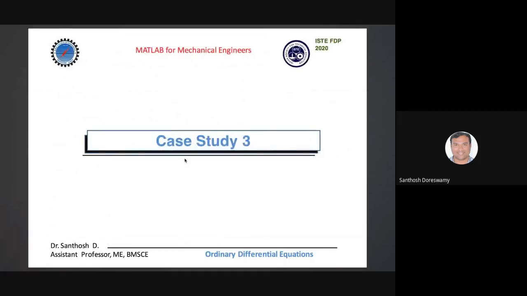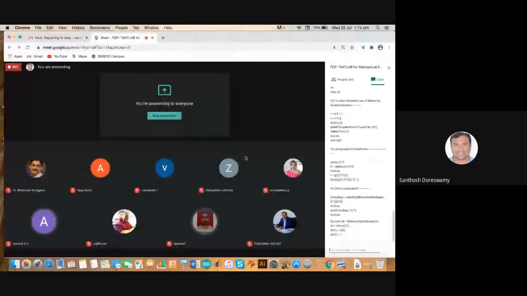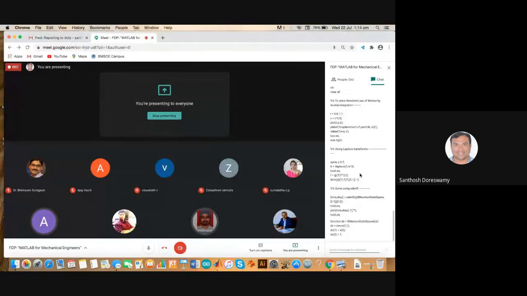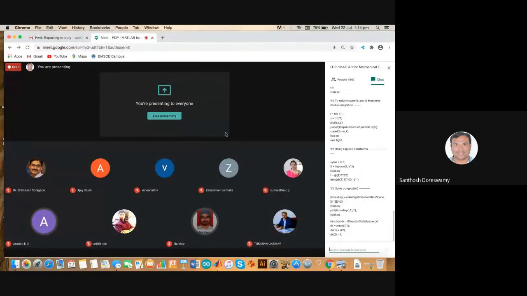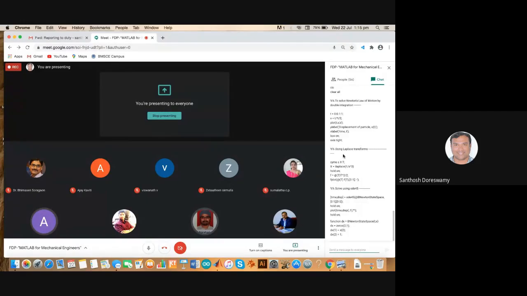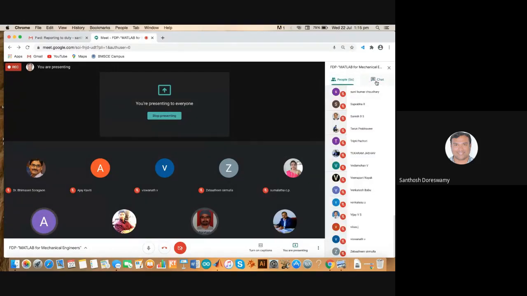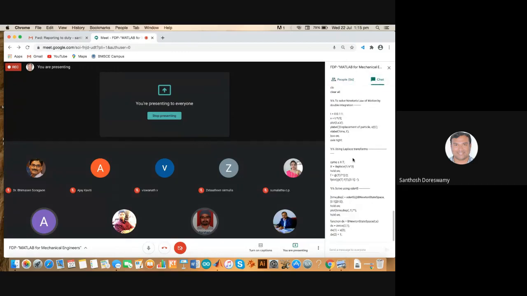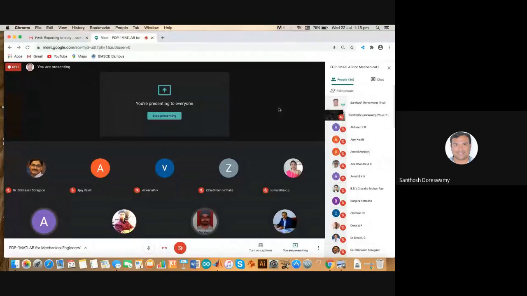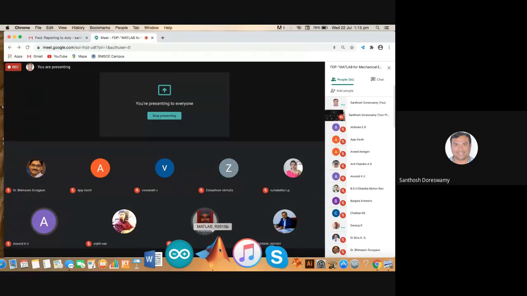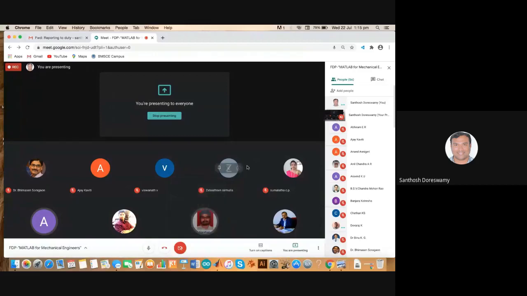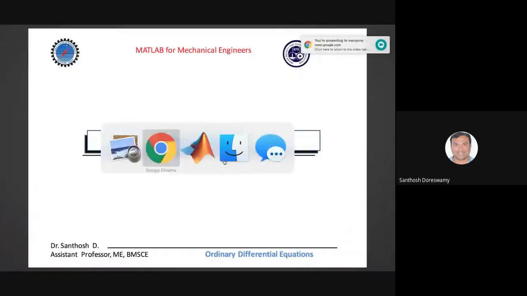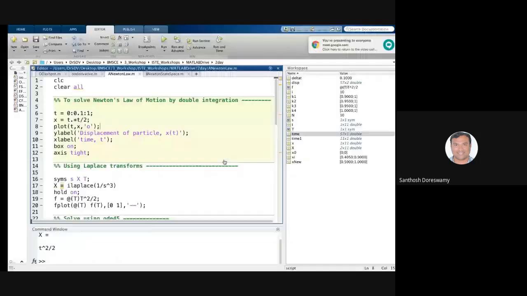Case 3. Now, before I move on to case 3, did I paste the code for RK4? Okay, I'll try to do that.